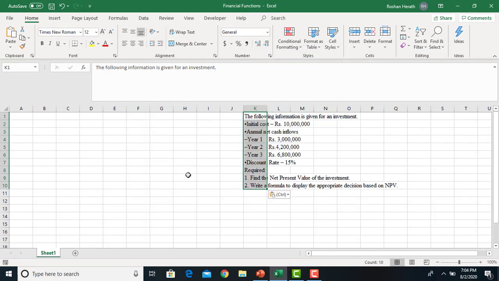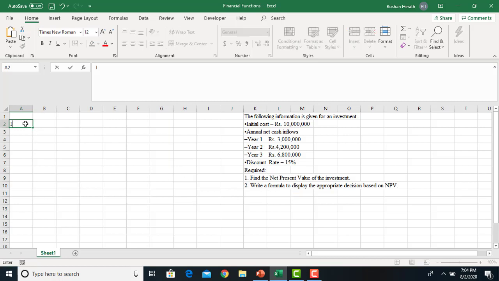As usual, we start by taking our inputs. Here we have the inputs of the model we are planning to develop. Most importantly, we need the discount rate.